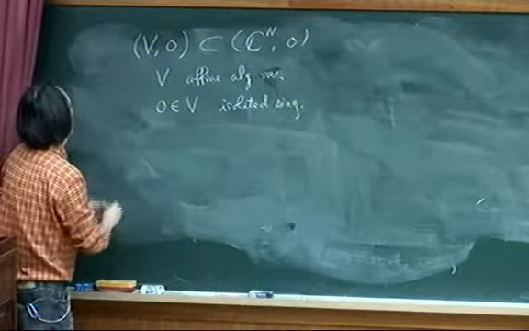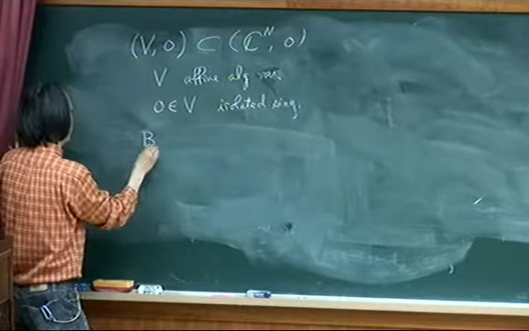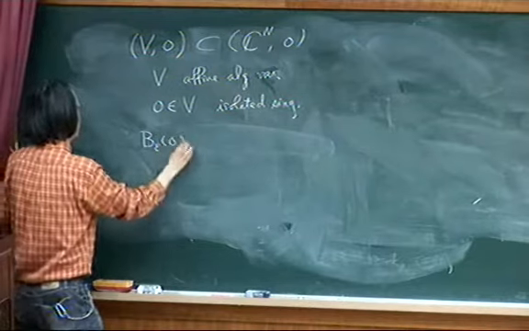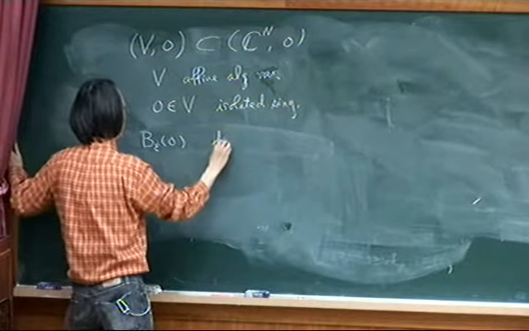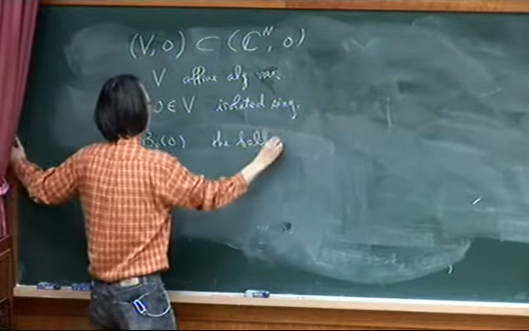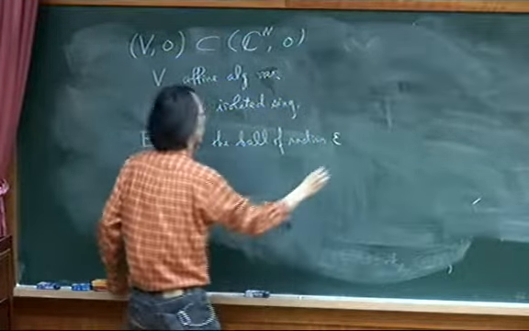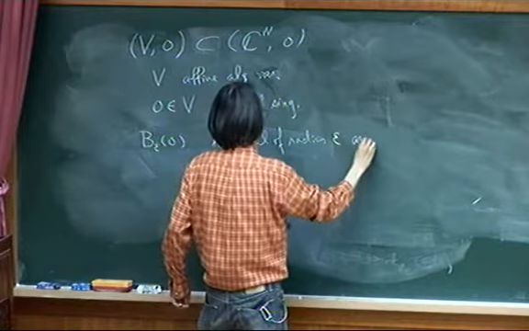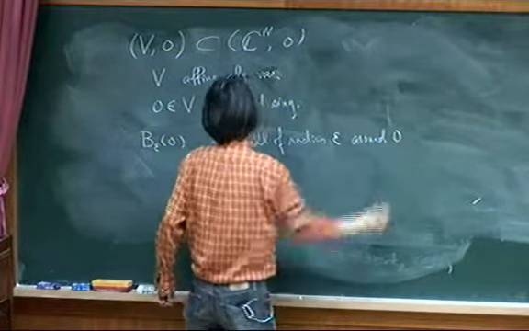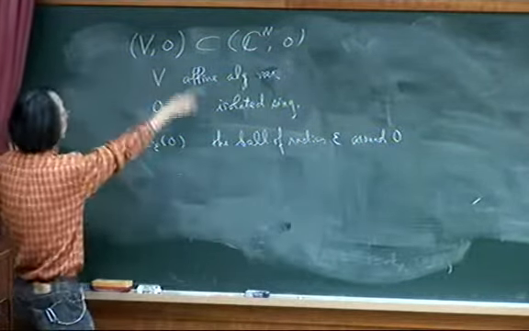And then consider a small ball. So this is a ball of radius maybe epsilon around the origin. And then consider the intersection of them.